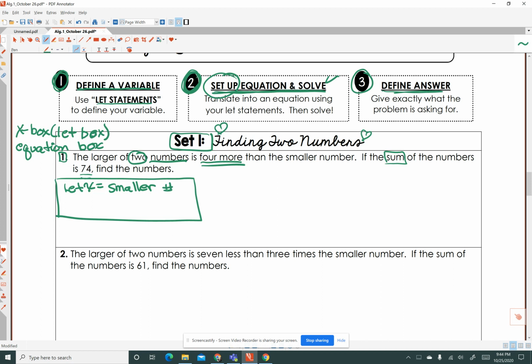Okay, it's not a hashtag. That is the abbreviation for the word number. So the second number is 4 more than the smaller number. So now I will let x plus 4 equal the smaller number. I'm sorry, the larger number.